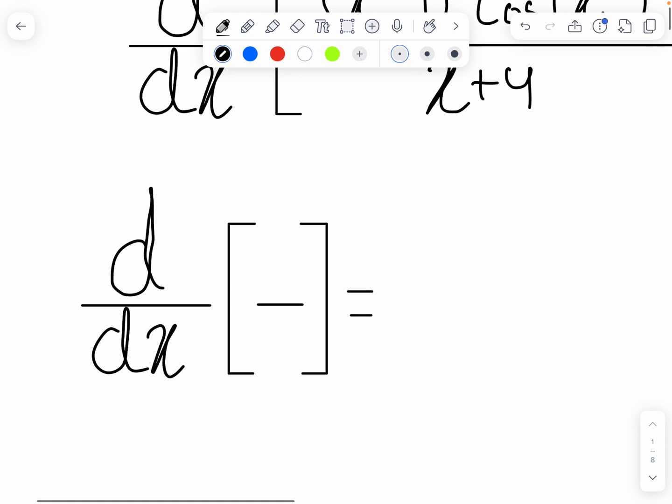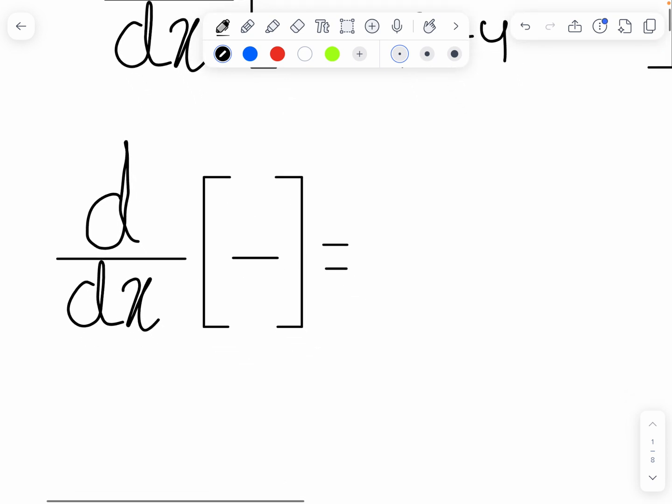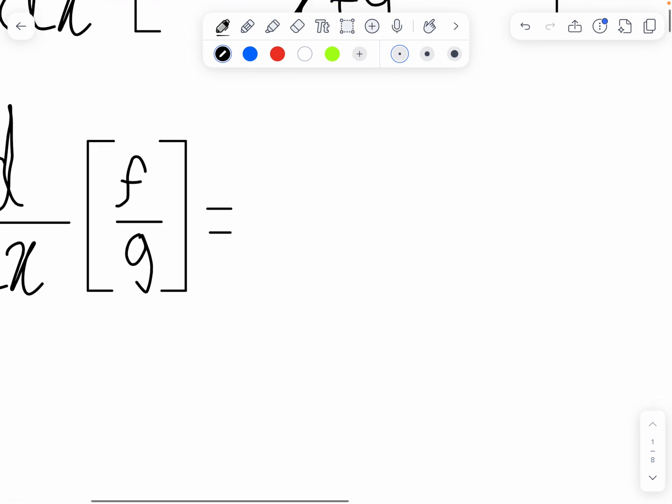The quotient rule states that the derivative of u over v, actually, let's not do u over v. I'm going to do f over g, since I'm more familiar with that.